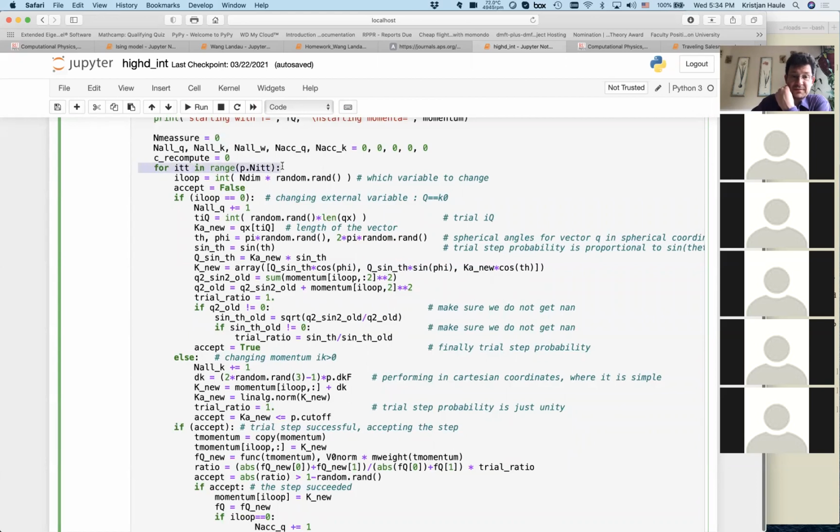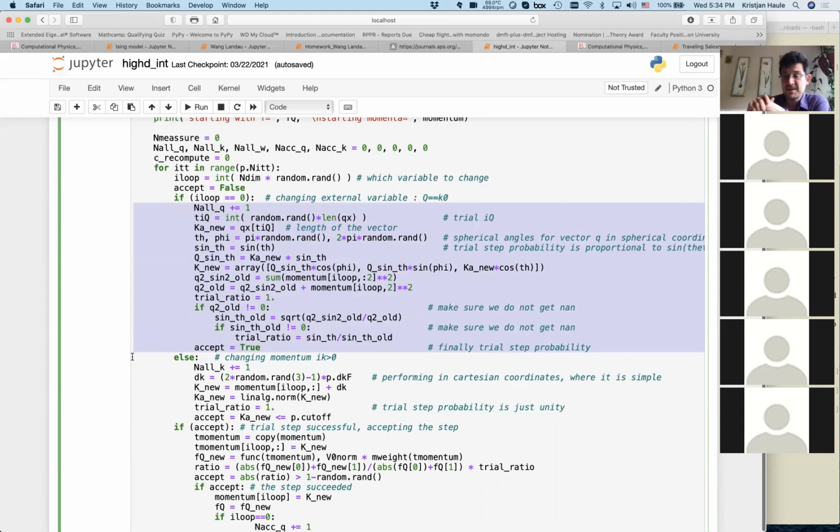So here we go over this loop over all iterations, a very large loop. This is like in the simulation of the Ising model. We decide which variable we want to change, so we change one of the variables. And then you can change the so-called external variable, because we want to calculate lots of integrals here, not just one.